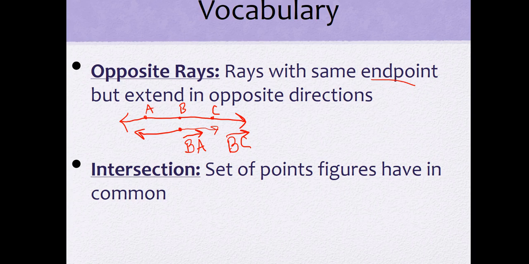An intersection is the set of points all figures have in common. So for example, if I had 2 lines crossing, the intersection would be whatever that point is. I could also have 2 planes crossing. I'm not very good at drawing that, but let's try it.